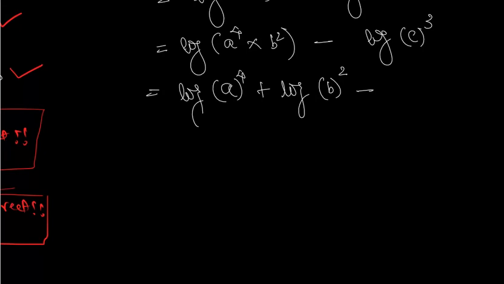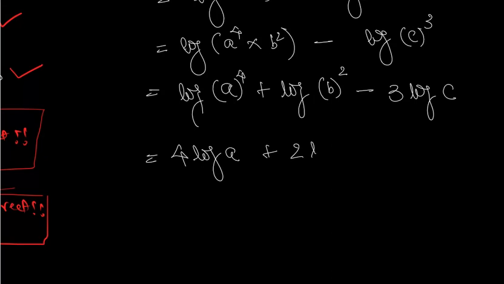Can I use the power rule here, power law? Yes, I can. So I can write it as 3 log c. How can I write this? 4 log a, power rule, plus 2 log b minus 3 log c. Done. 4 log a plus 2 log b minus 3 log c. So that is the logarithmic expansion.